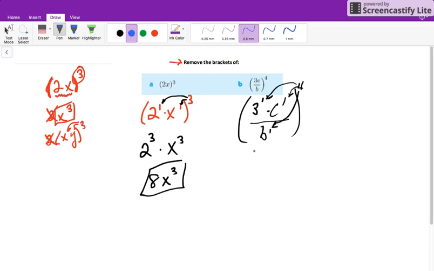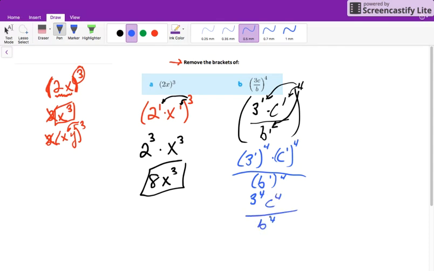I'll rewrite it step by step. So this becomes 3 to the first power raised to the fourth power times c to the first power raised to the fourth power over top of b to the first power raised to the fourth power. So all these we multiply, so it then becomes 3 to the fourth power c to the fourth power over b to the fourth power.